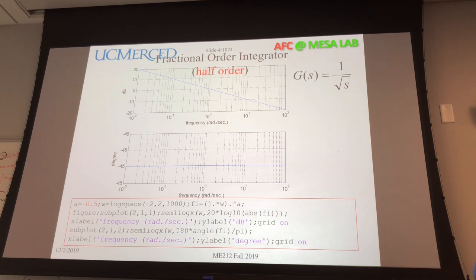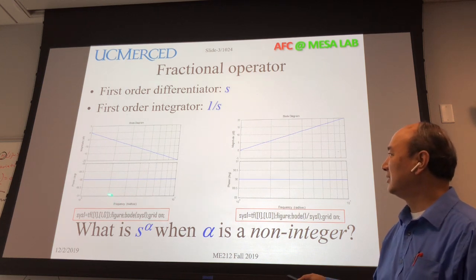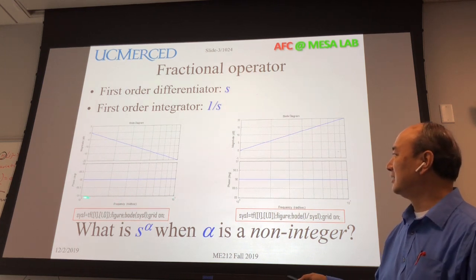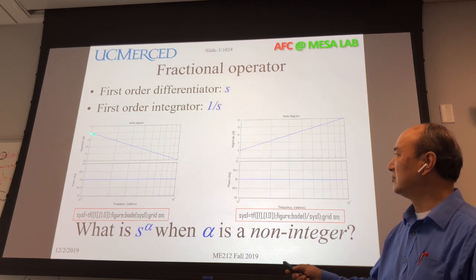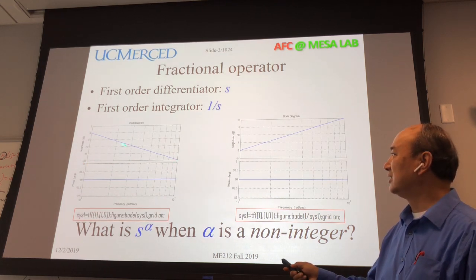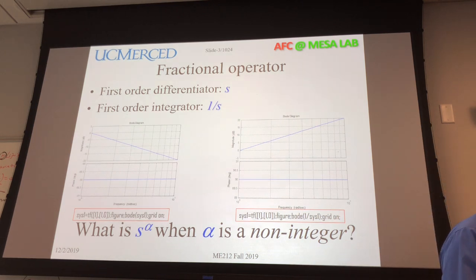But remember here, this is 0 to 1, so this is one decade, and it goes from 0 to minus 20. So the slope of this one is minus 20 dB per decade. So it is different.